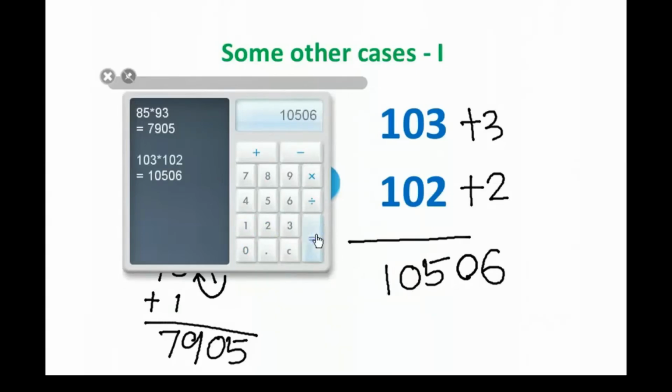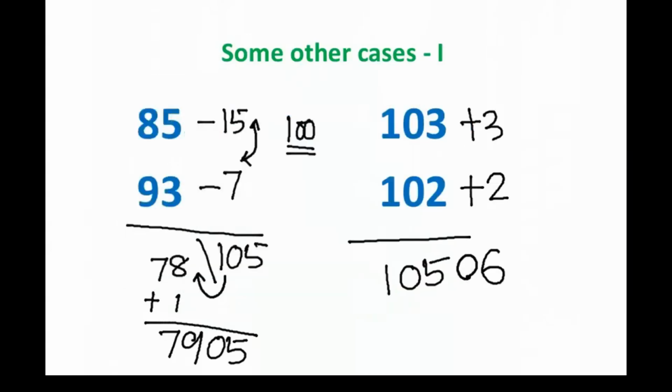But we got only 1 digit after multiplying 3 into 2, so we should put a 0 before this. And that's all. 10,506 is the answer. Let's check 103 into 102, so that gives 10,506. So this is quite simple, and with a little bit of modification we are getting the same result in very little time.